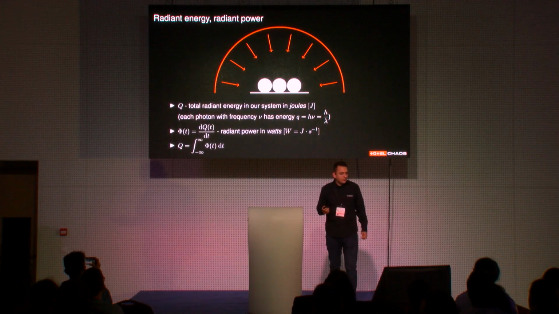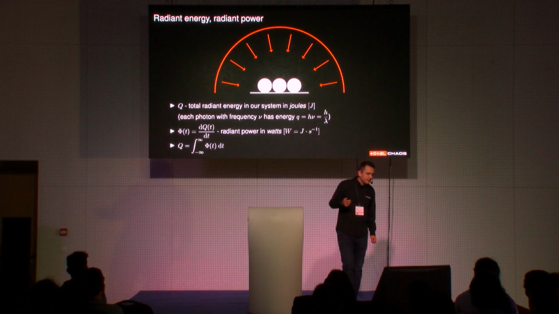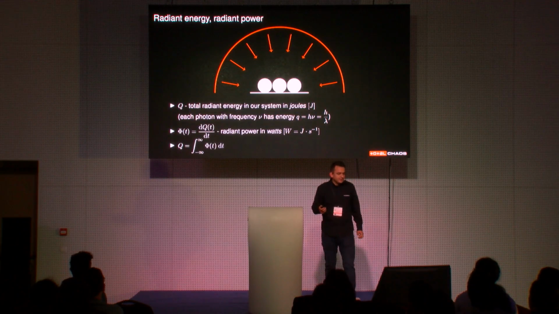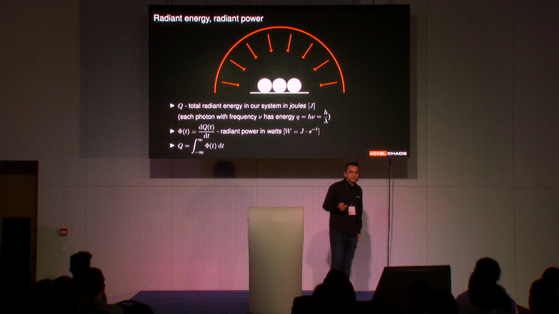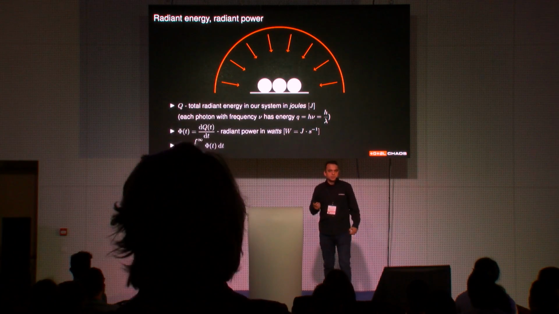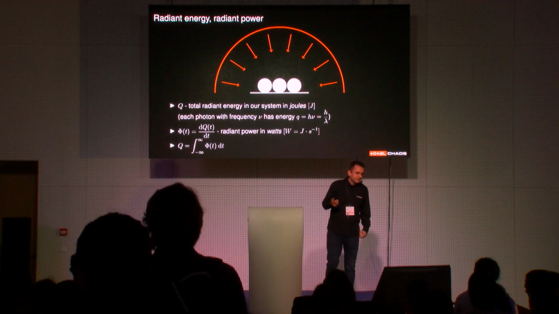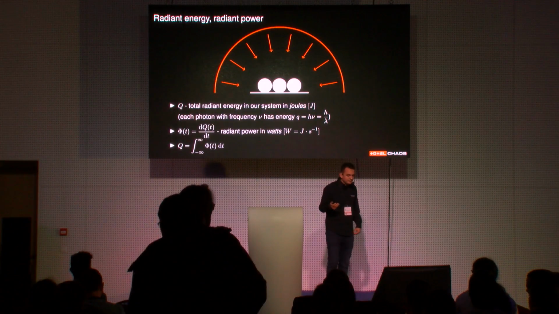First of all, we have the light energy. This is an intrinsic property of light. Each photon, depending on its frequency, has a different amount of energy. If we want to measure this energy, we need to define the notion of power.